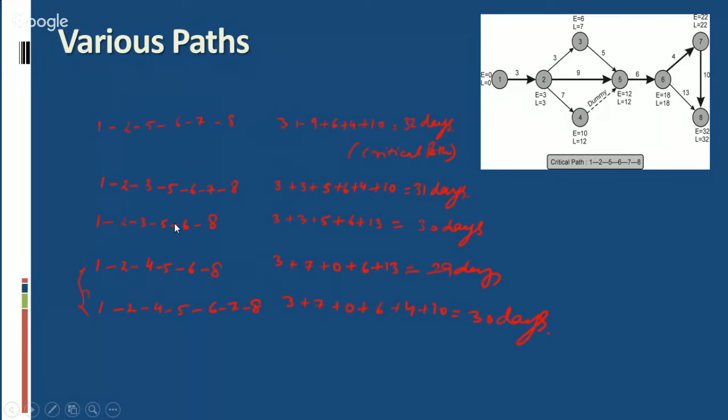In this network, there are 5 paths, and critical path is 1, 2, 5, 6, 7, 8 with highest duration.